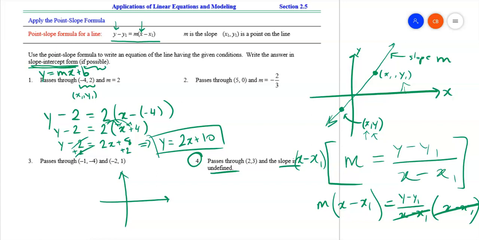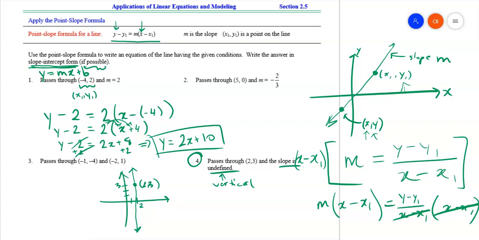If the difference of the x values is 0, which of course occurs for a vertical line, the slope will be undefined. So here, we have a line that goes through the point 2, 3, and that has undefined slope. That means vertical line.